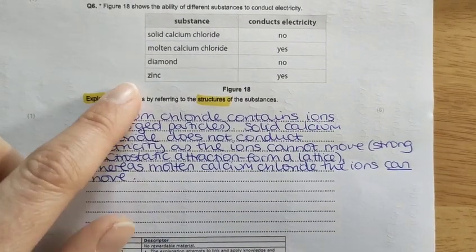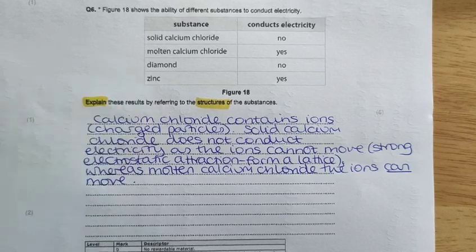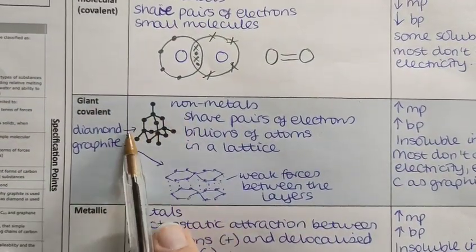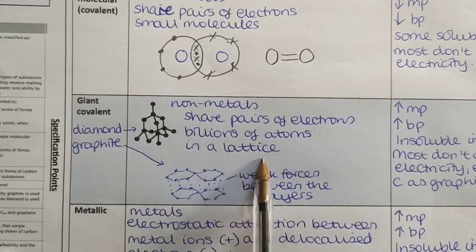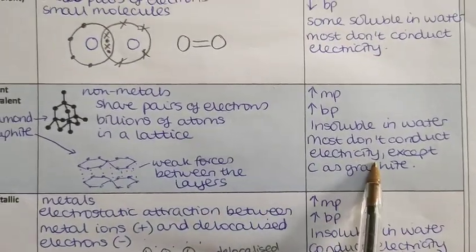Okay, so let's have a look at diamond as the next one. So diamond is giant covalent, and they form a lattice, and they don't conduct electricity.